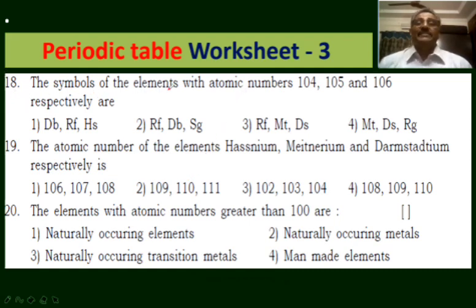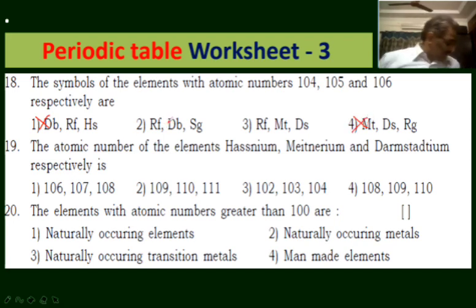The symbols of elements with atomic numbers 104, 105 and 106 respectively are dash. Already told that there is a conflict with the element with atomic number 104 between Americans and Russians. That element is Rutherfordium. So the answer is either the second option or the third option.